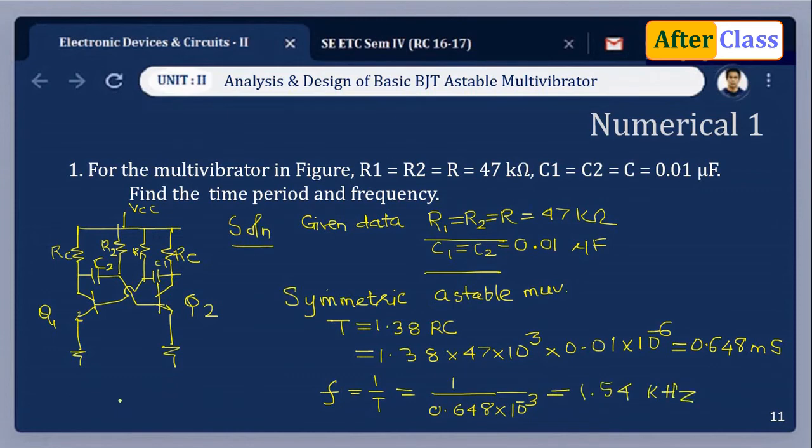The time period is 0.648 milliseconds and the frequency of oscillation is 1.54 kilohertz. What we can comment from this entire exercise is that the frequency of oscillation purely depends upon the values of R1 C1 and R2 C2.